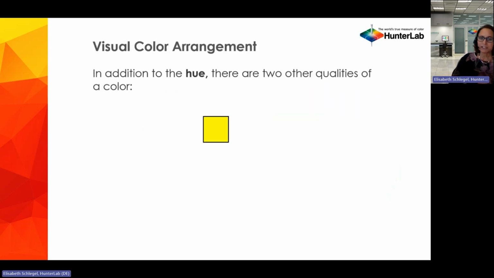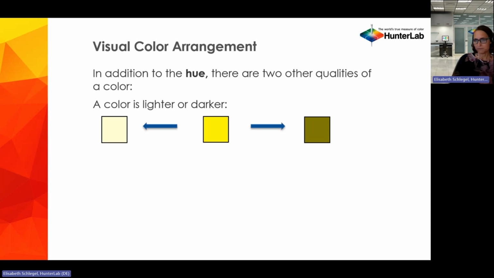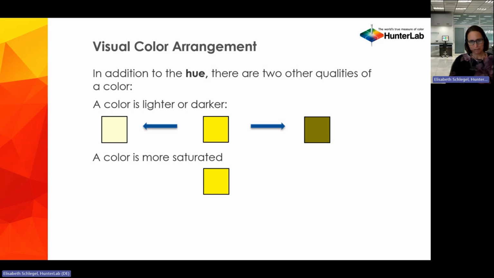And actually, in addition to the hue, there are other qualities of a color, because I can't only describe it by a hue. For example, I have a yellow, but I can also have a light yellow, that would be lighter, or I could have a darker yellow, so it's rather mixed with black. And there's a third quality, and that would be the saturation. Saturation means how much pigment am I using?